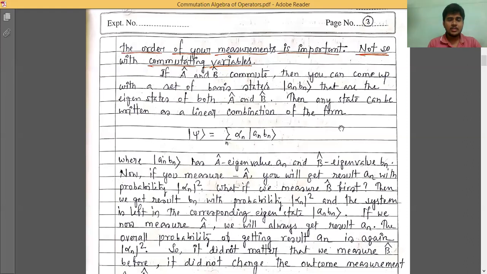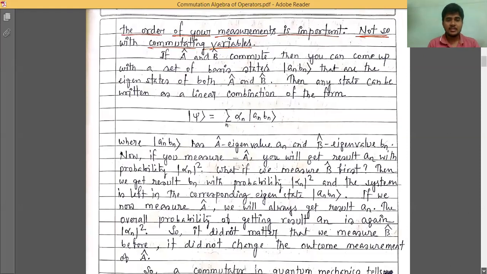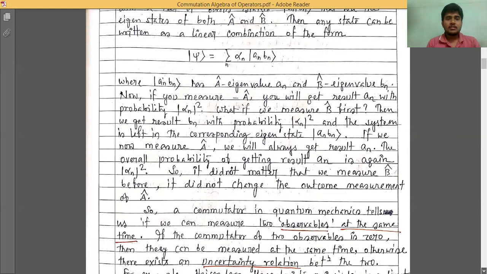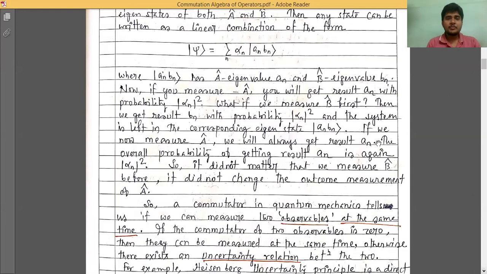So our aim is to look at whether, for the commuting operators A and B, the measurement goes wrong or is right. Now if you measure A first, what will we get?